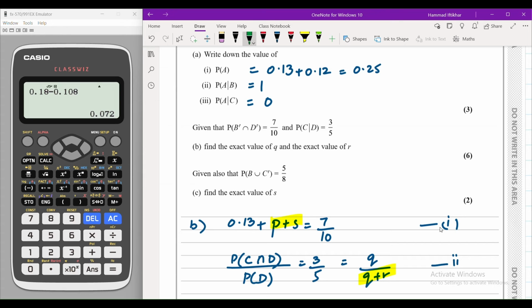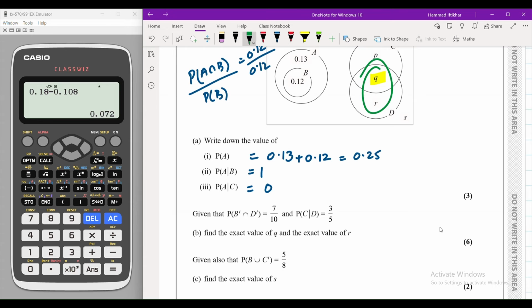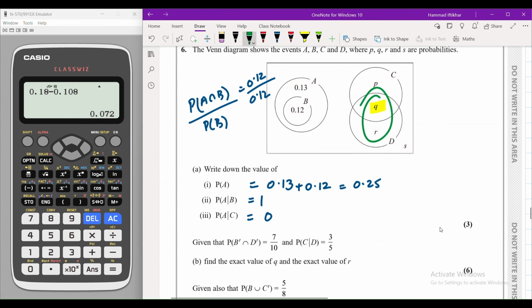Given also that B union C complement. Okay, let's figure out what this means. C complement is this, this, this, and indeed this.